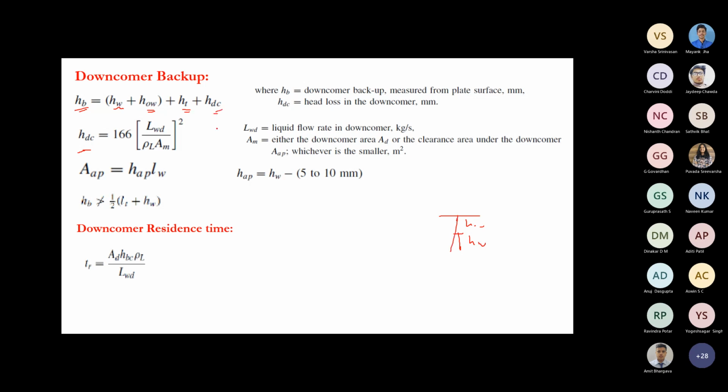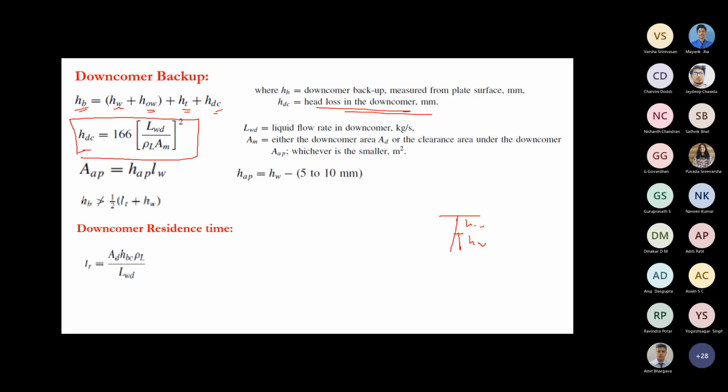Then HDC is the head loss in the downcomer. You can use this equation to calculate the HDC. Here the liquid backup in the downcomer is calculated like this.